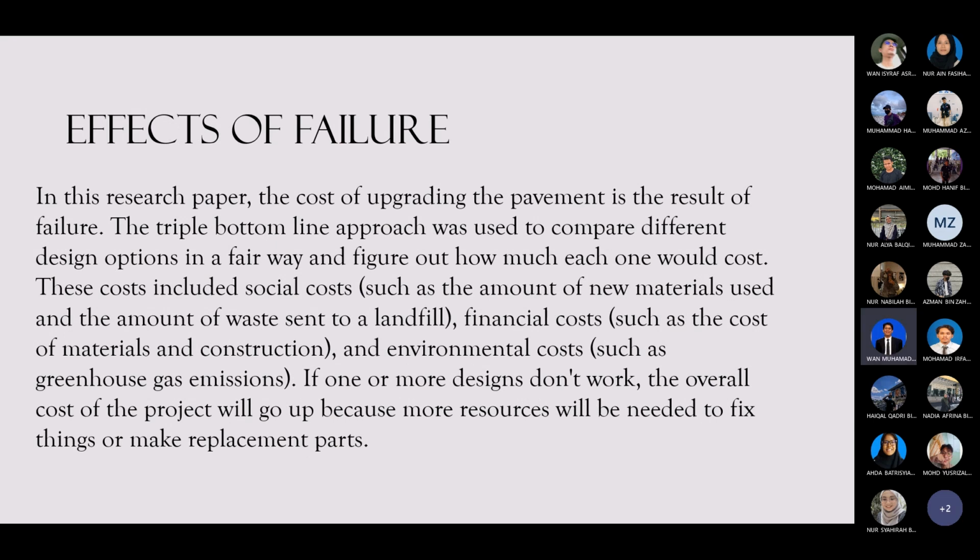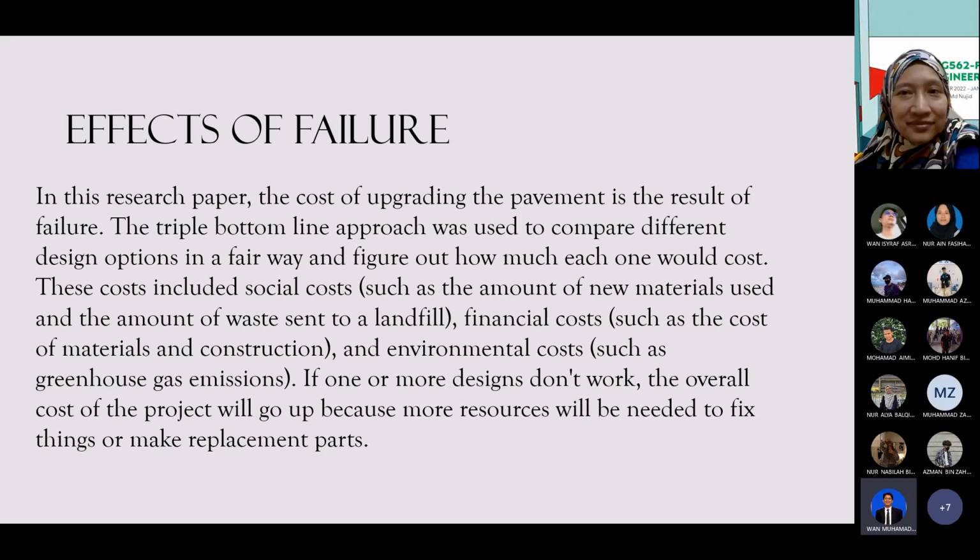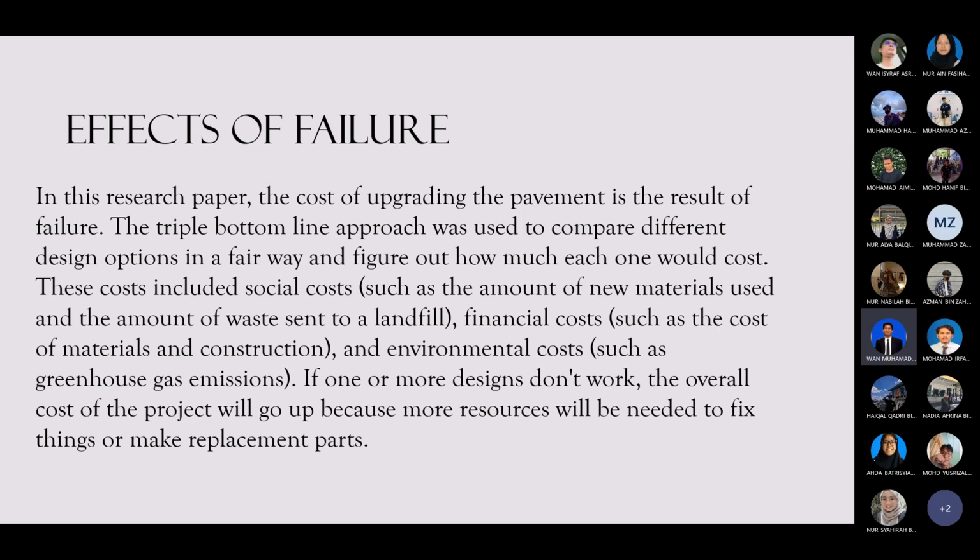Next is effect of failure. In the research paper, the cost of upgrading the pavement is the result of failure. The triple bottom line approach was used to compare different design options in a fair way and figure out how much each one would cost.